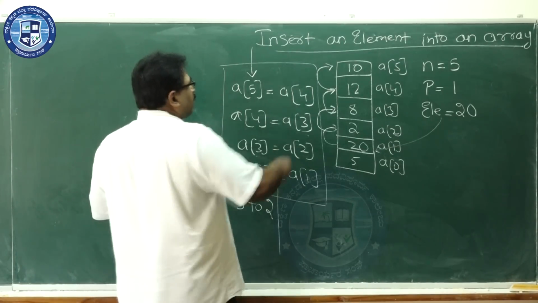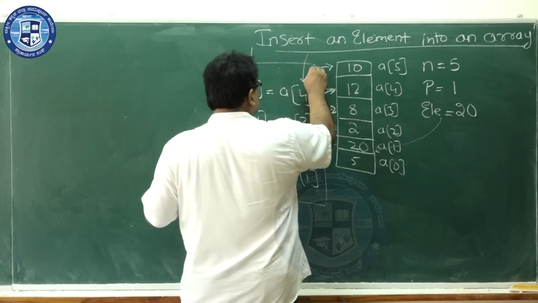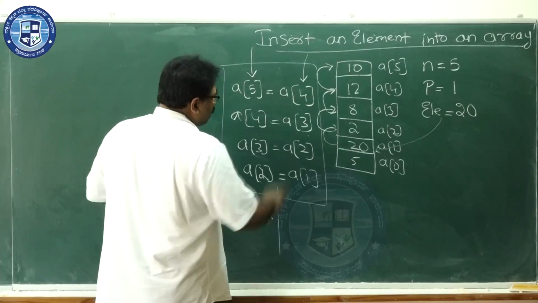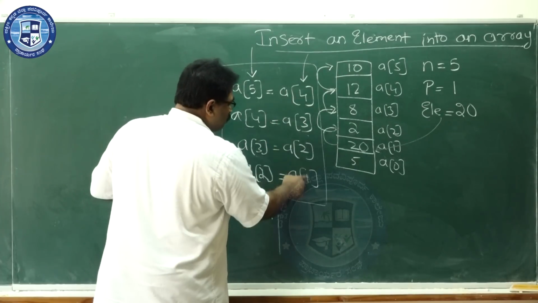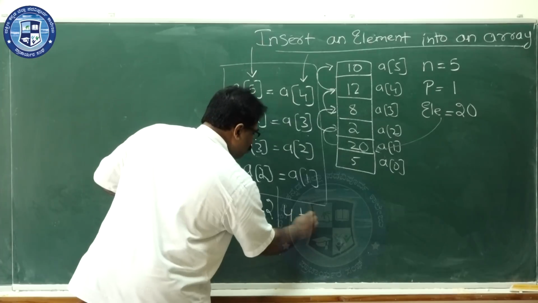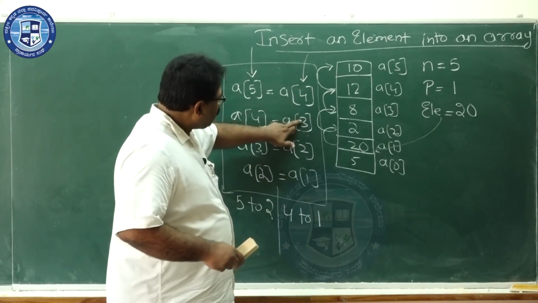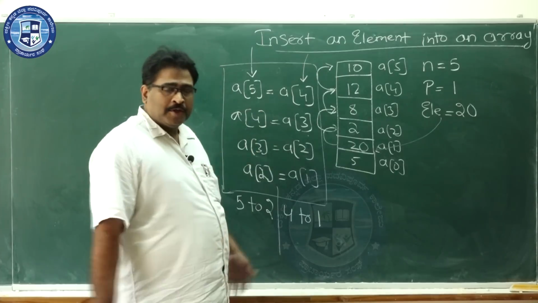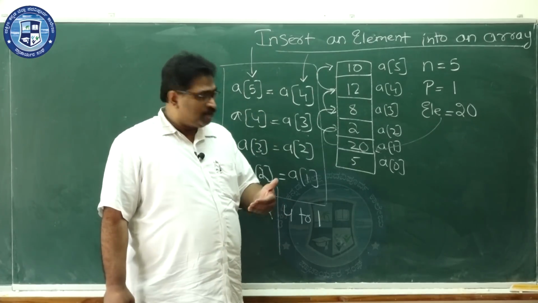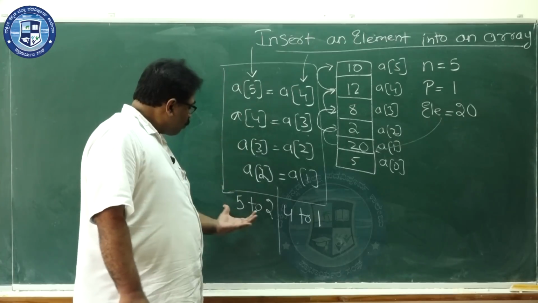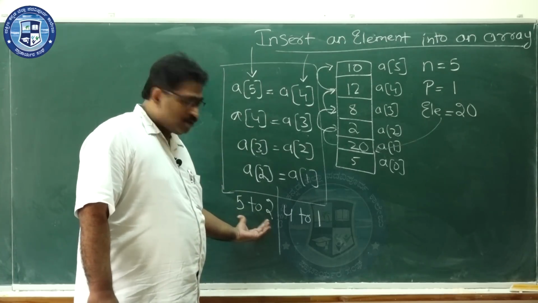The second one I can take is this spot, where it travels from 4 to 1. 4 to 1. So you can see here 4, 3, 2, 1. Now it depends on you whether you want to have this or this.